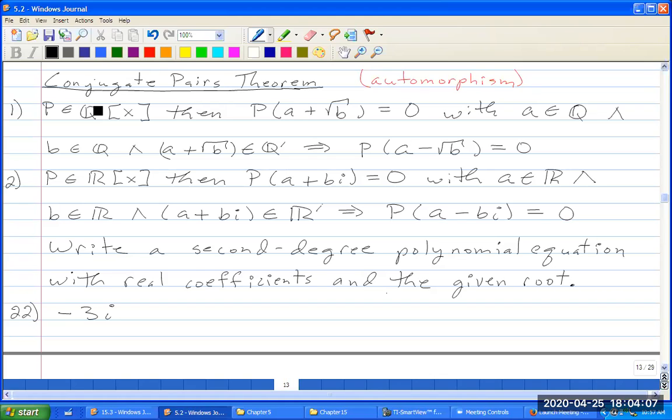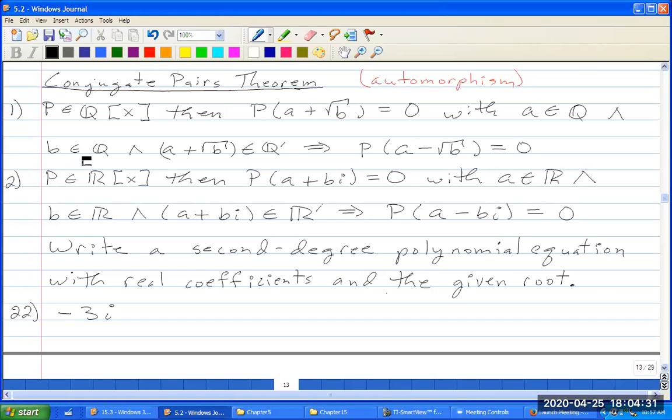Okay. But if this quantity here is not in the rational numbers, then its conjugate will still be a root of your polynomial.